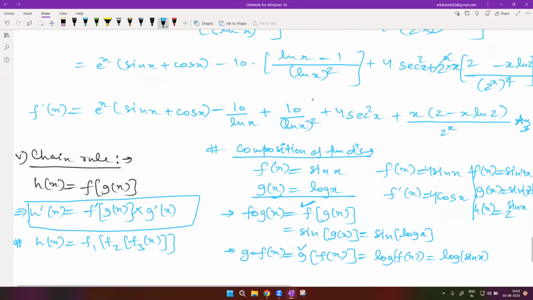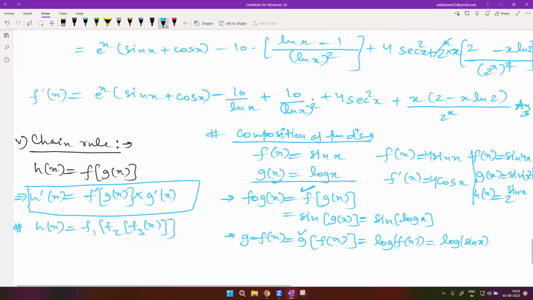Now I want to differentiate this composition of functions. So how will I proceed? I'll find h dash x. I'll start with the leftmost function. So first I will differentiate f1x. While f1x is differentiated, f2 and f3 will remain unchanged. They will be put as they are, right?